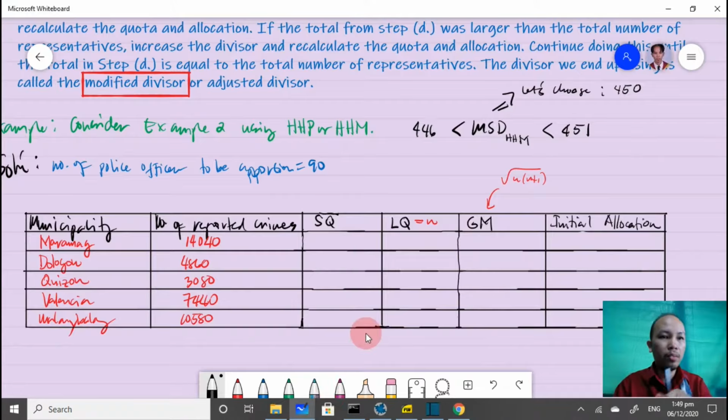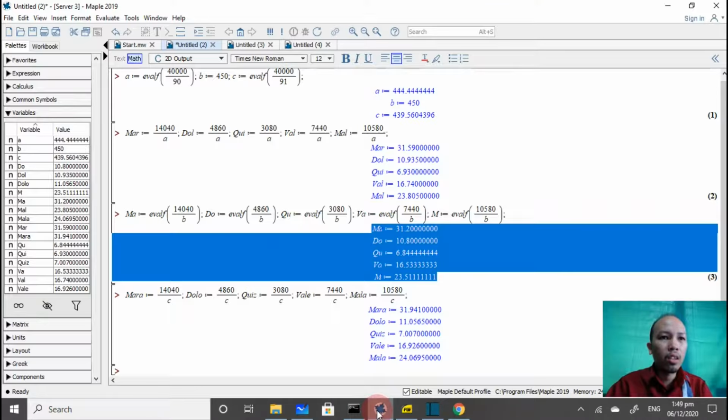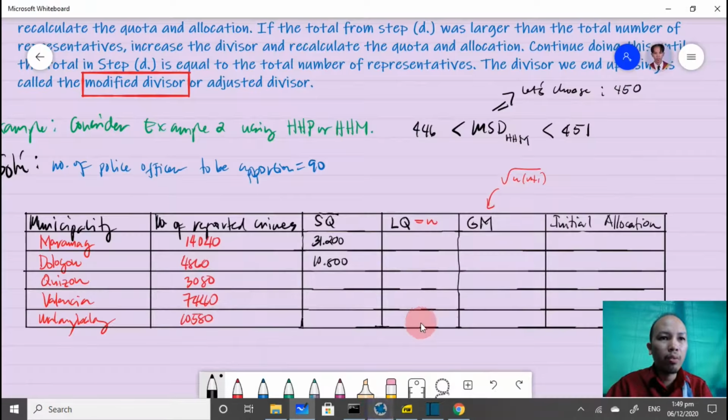31.200, 10.800, 6.844, 16.533, and finally 23.511.